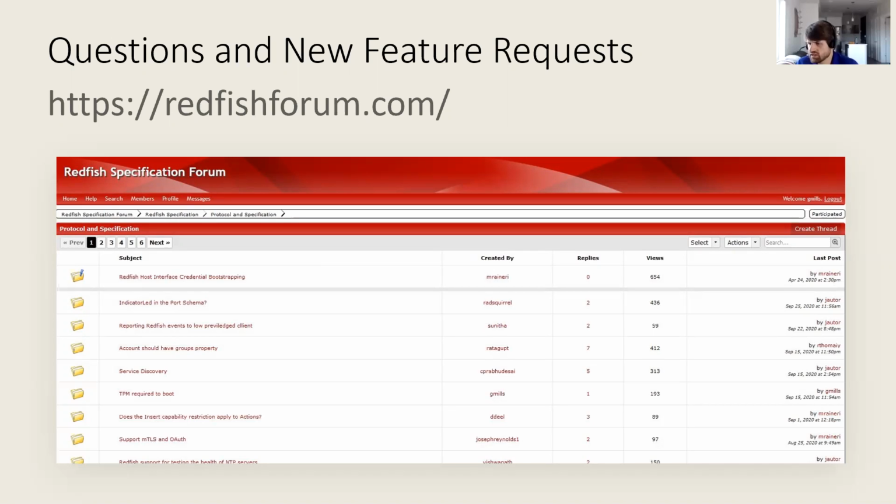Yeah. So there's phosphor inventory out there. There's entity manager, and so BMCWeb would talk to whichever one implements those properties for the system and display those on Redfish. So will it come under the system interface?